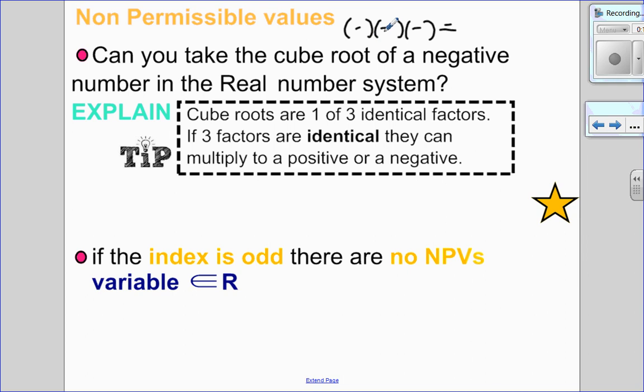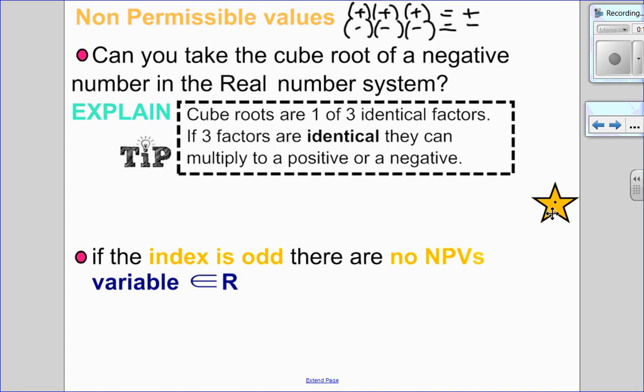A negative and a negative is a positive, and another negative is negative. If I have a positive times a positive times a positive, 2 positives are positive, times another positive, also positive. So you can see I can have a positive or a negative root.